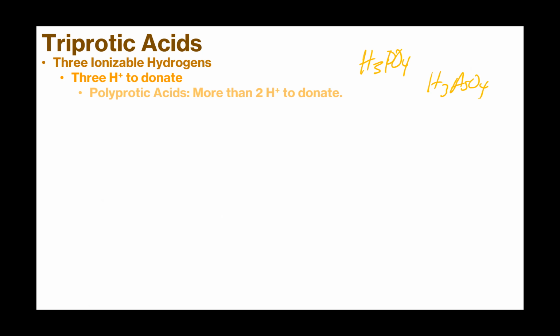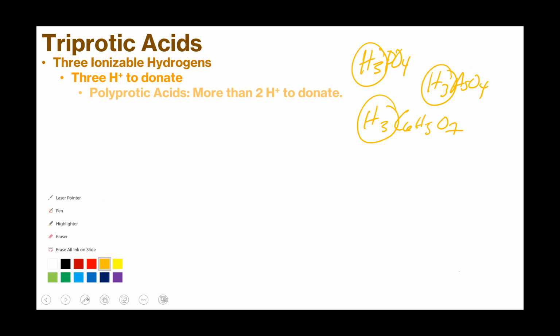A lot of organic acids will have that. Citric acid, for example, is H3C6H5O7, with three ionizable hydrogens in the front. These are all triprotic acids, which means we can take off each H plus in sequence, if we're careful with it.